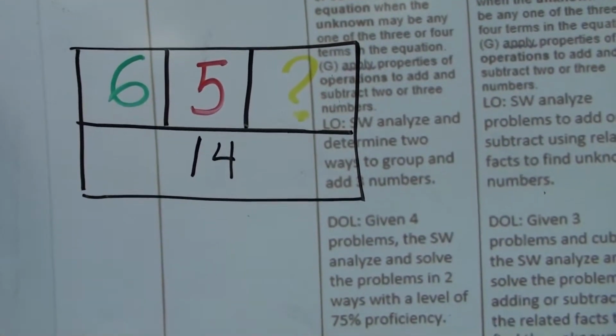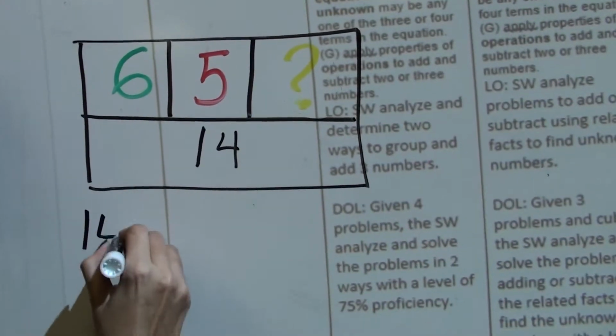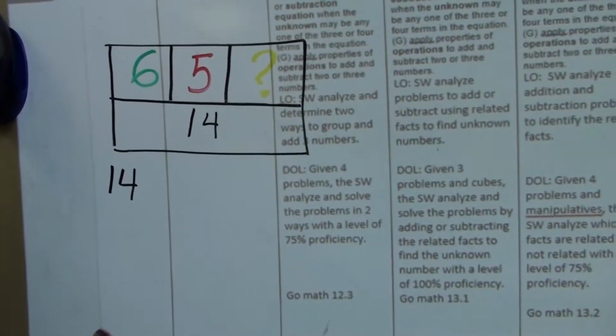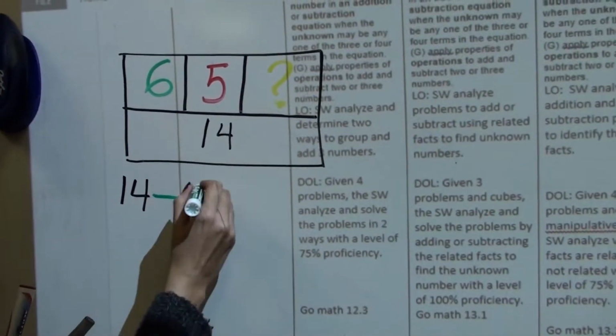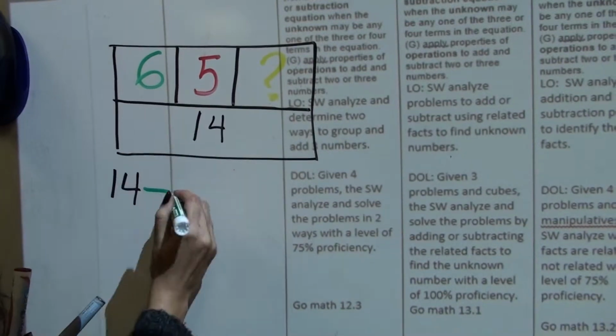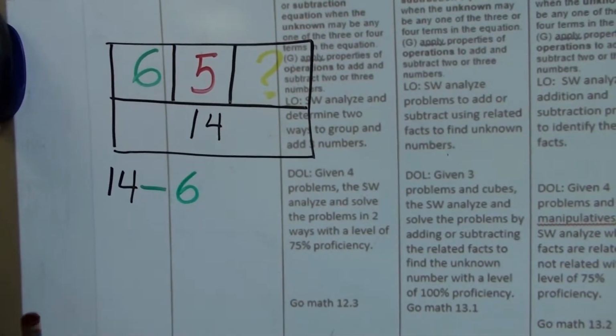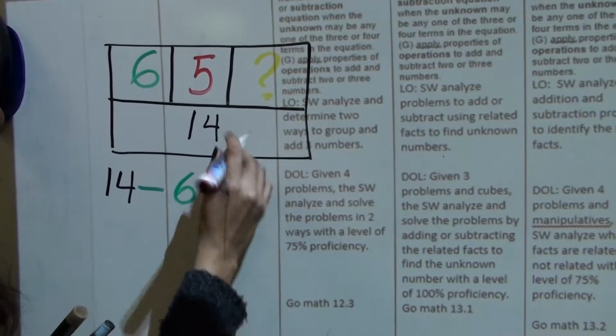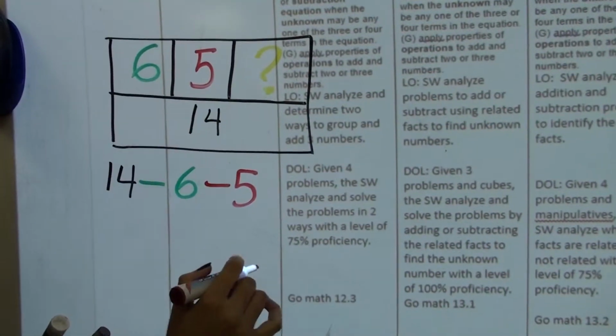So the first one will be 14 at the top minus 6, sorry, minus 5. I do it with color so they can see it too.